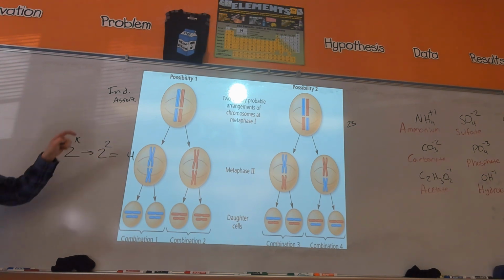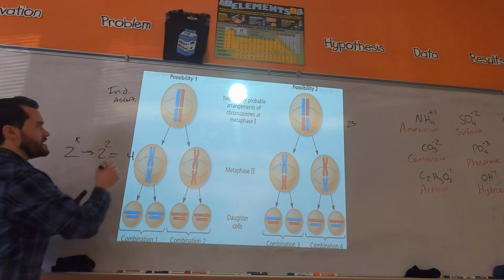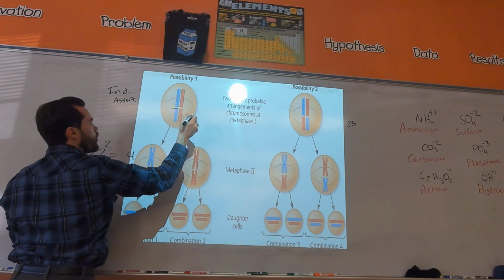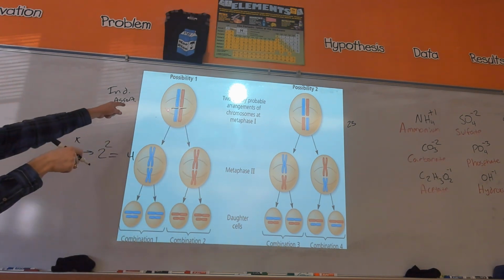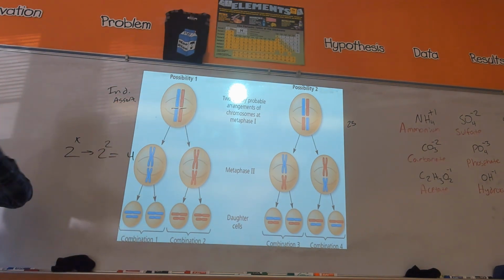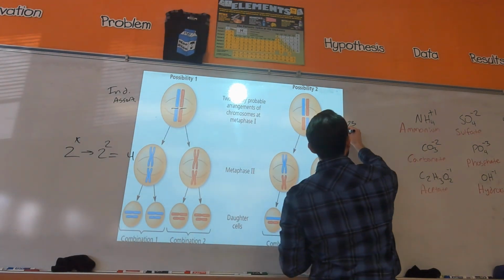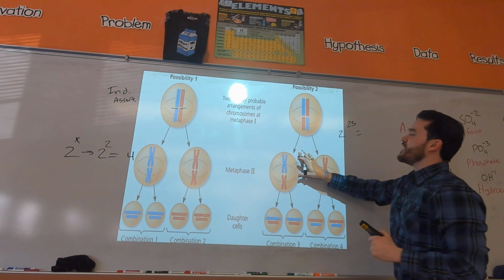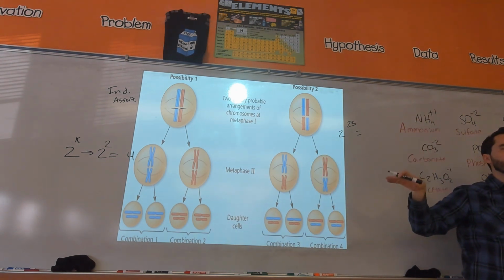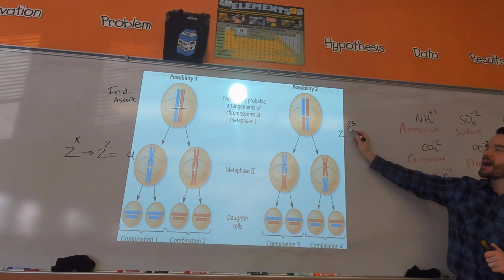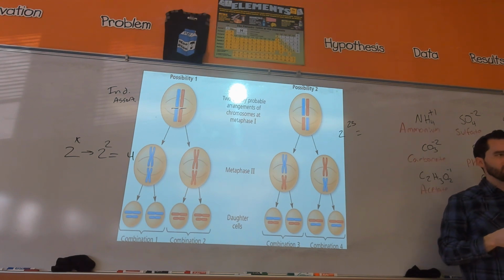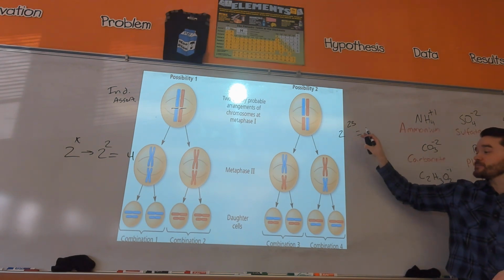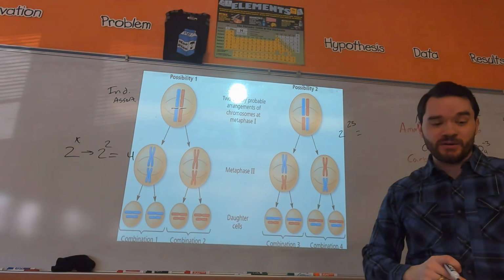For humans, where the 2 is coming from is that this blue could be here, or it could have been here. It could have been on the left side or the right side. It's heads, tails. Because we have 23 different chromosomes, the amount of variation that independent assortment gives us is 2 to the power of 23, which is a giant number.